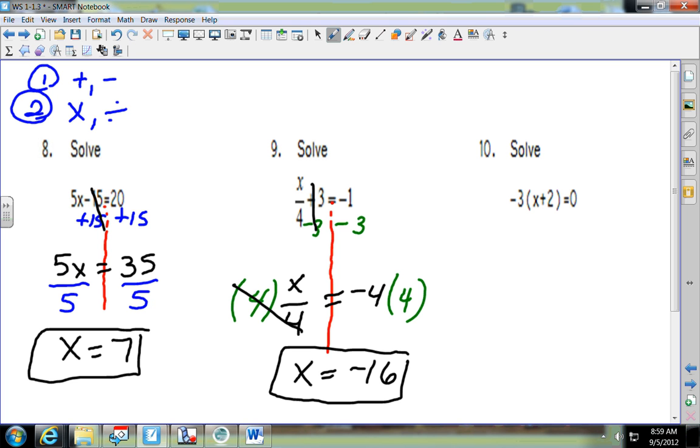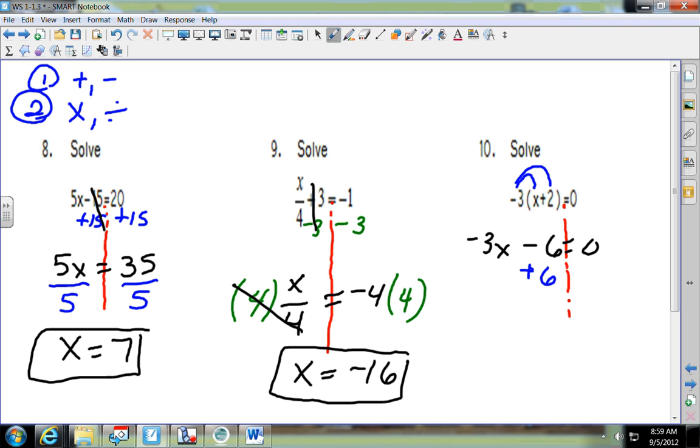Next one. Again, pause that video, come back and see how you do. Dotted line right here. We're going to do the distributive property. 3 times x, negative 3 times 2. So I get negative 3x, negative 6 equals 0.